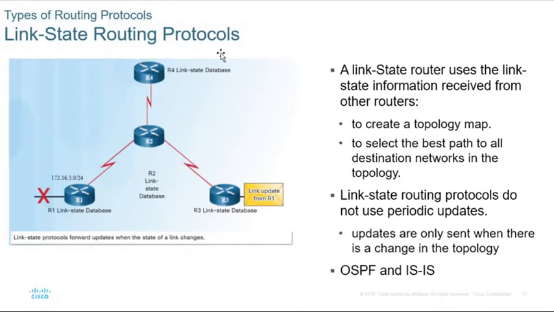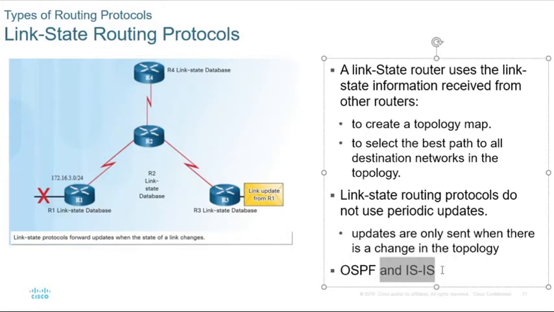Under link state routing protocols, you use either OSPF or IS-IS. The coverage for CCNA3, as I said a while ago, will only cover EIGRP for distance vector and OSPF for link state, for the remainder of the module this semester.